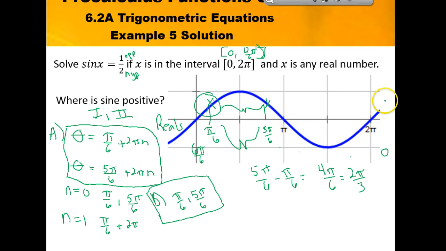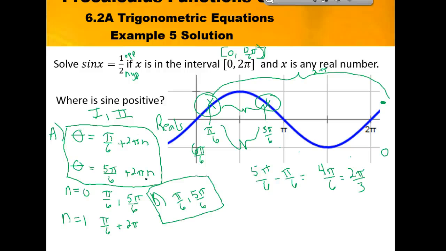So it's going to hit it again about right here, and this distance is definitely going to be 2 pi. And then it's going to hit it off the screen, 2 pi from here. So we have to say pi over 6 plus 2 pi n, and then 5 pi over 6 plus 2 pi n. Okay?